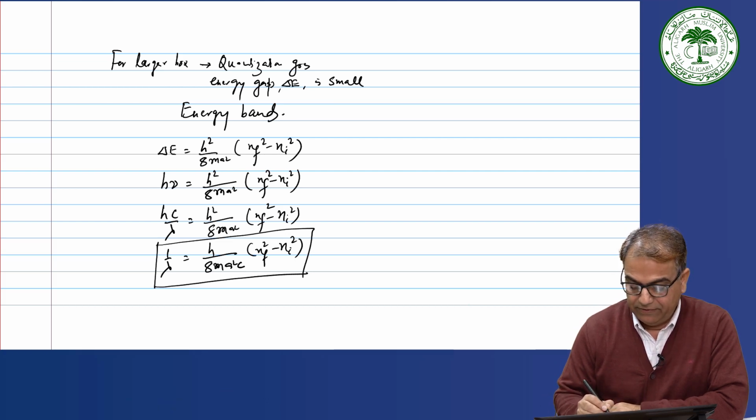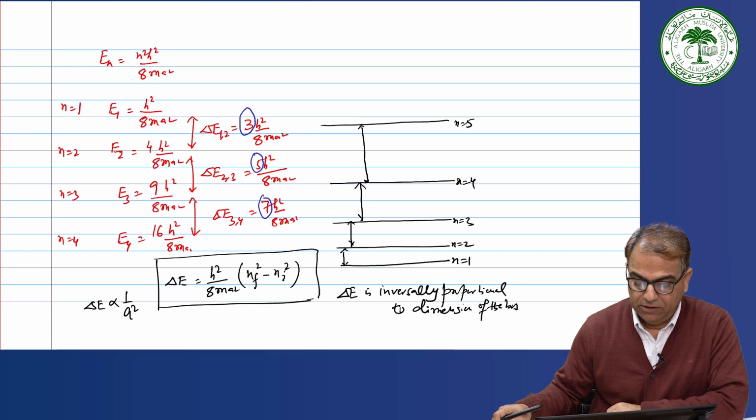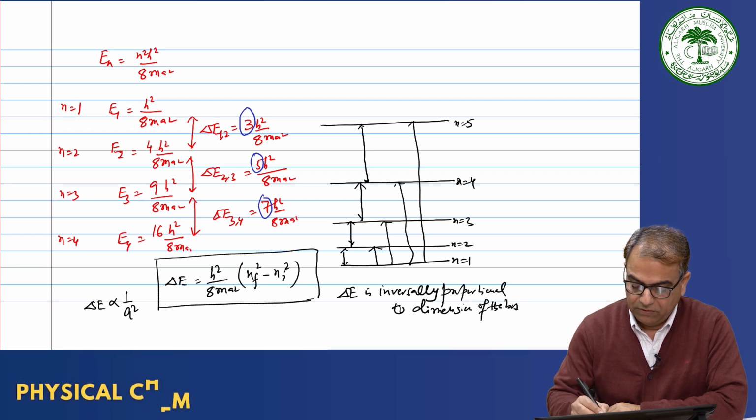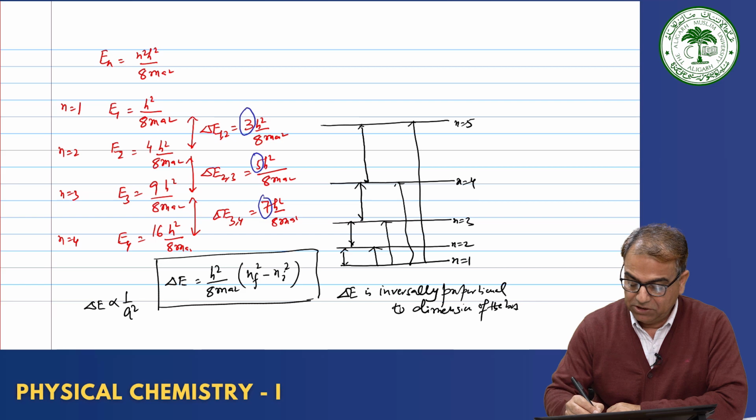So, energy levels we have already drawn. So, is it possible for the system to migrate from this to this, from this to this, from this to this, and from this to this, or is it possible to come back from this to this, from this to this, or from this to this?